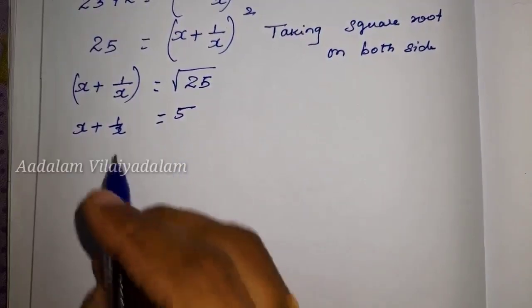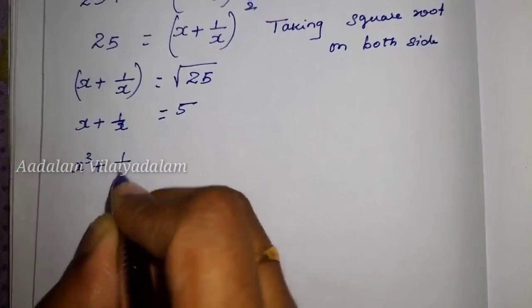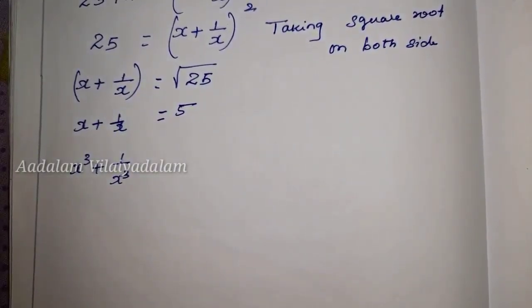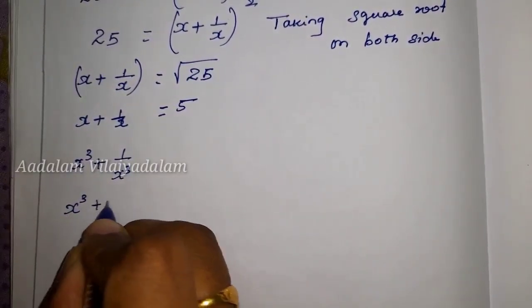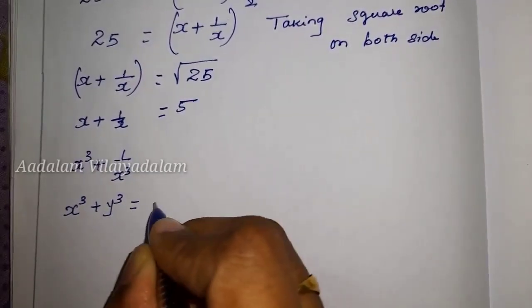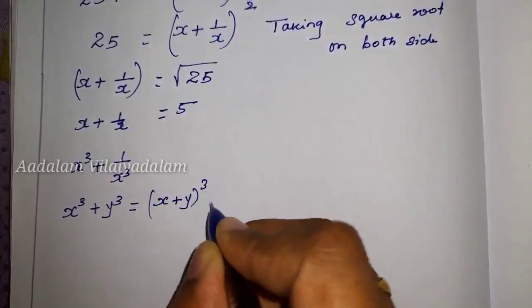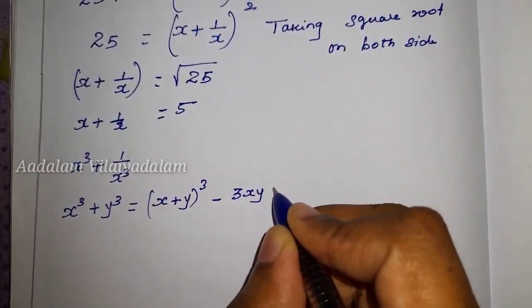Next we have to find the value of x cube plus 1 by x cube. We know the formula x cube plus y cube equal to x plus y the whole cube minus 3xy into x plus y.